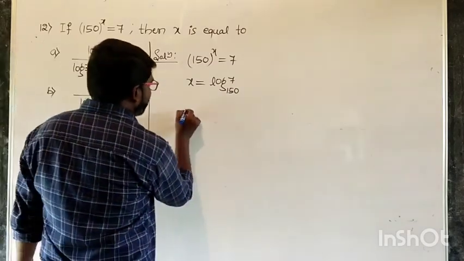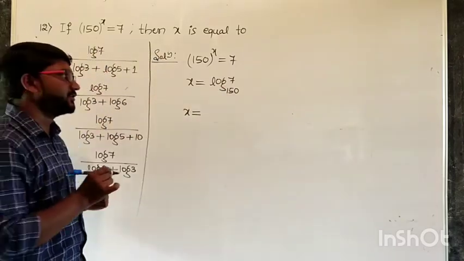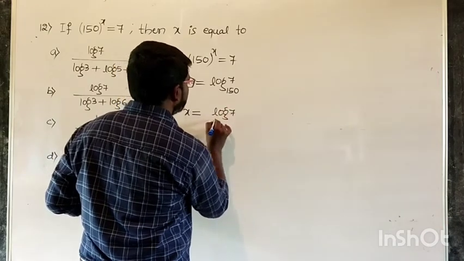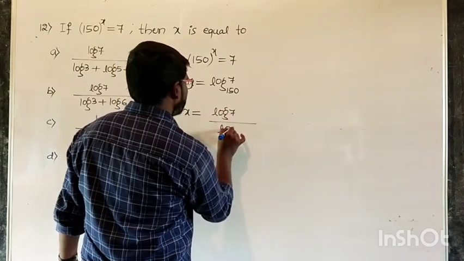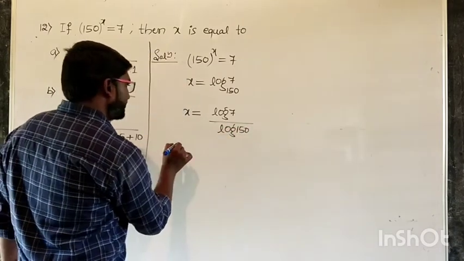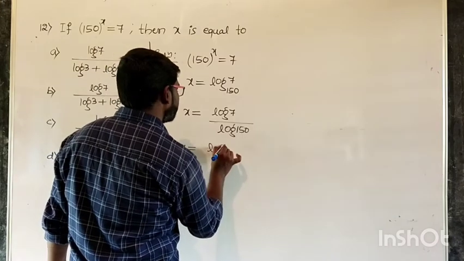So now I write x as it is. Then apply change of base rule here. Log 7 divided by log 150. So now x is equal to log 7, I write it as it is.